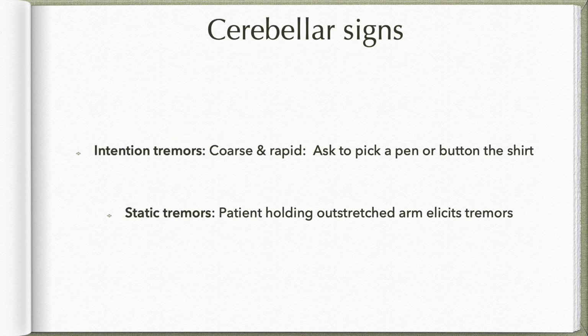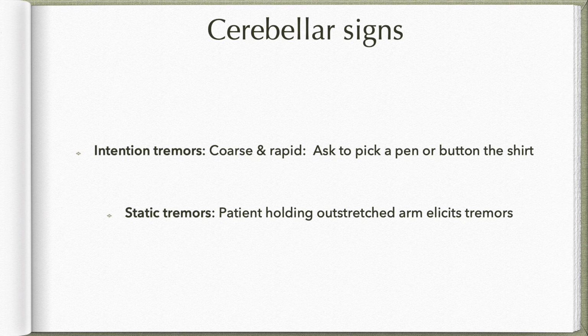Patient shows intention tremors. This is a sign of neocerebellar lesion. We have already discussed this in relation to postural fixation. When you ask the patient to do an act, as the patient approaches the target, the hands will show coarse and rapid tremors. That is what is known as intention tremors.